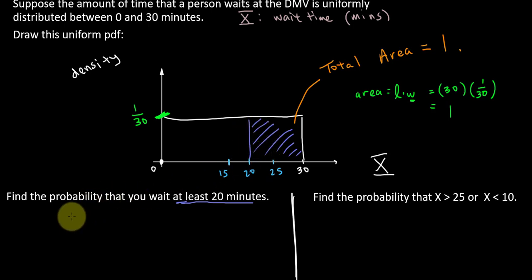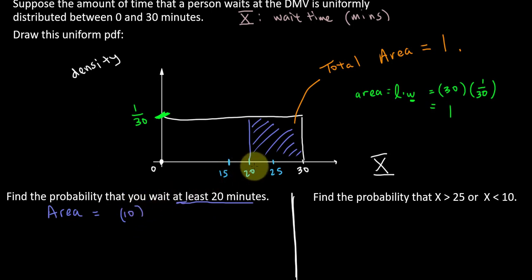That is the area. So we want to find the area in the blue region, the light purpley blue. And so we want to think about the length and the width of that region. Well, from 20 to 30, isn't that a length of 10?